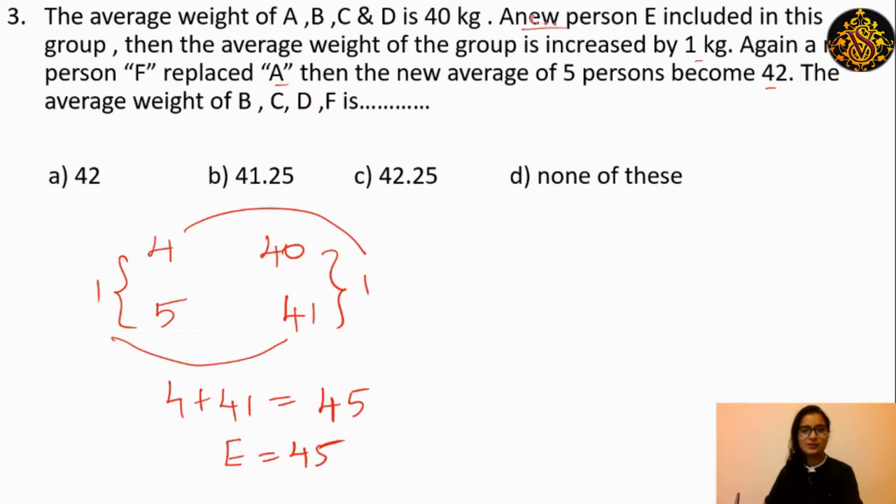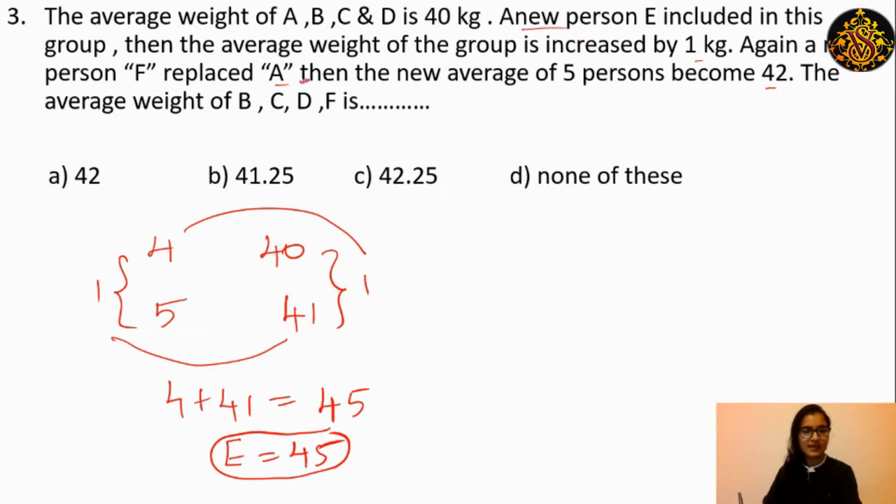A new person E is included. So E equals 45, because already we have the average weight of A, B, C and D as 40 kg. Okay, 4 persons, it is 40 kg. When E is included, 1 kg has been increased and it becomes 45. Is it clear?